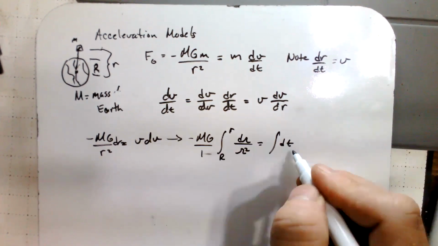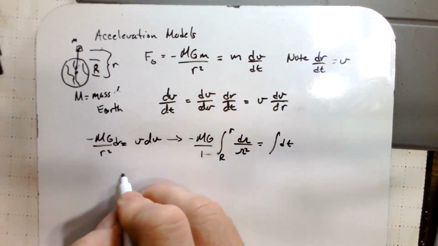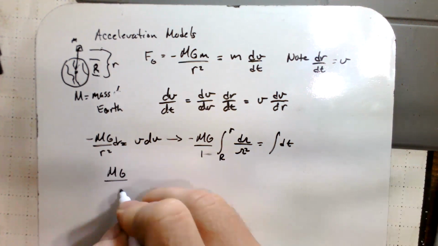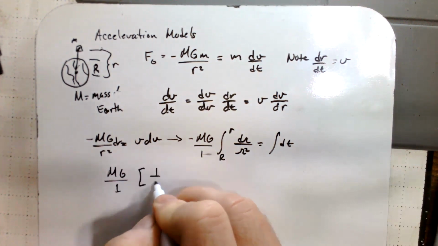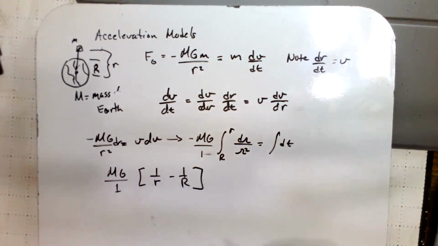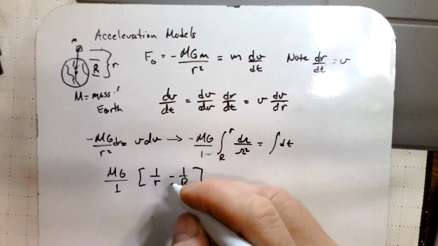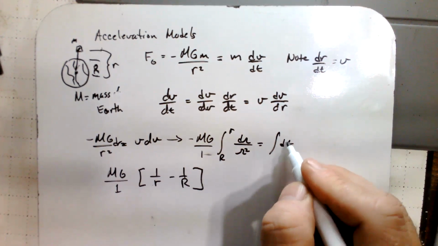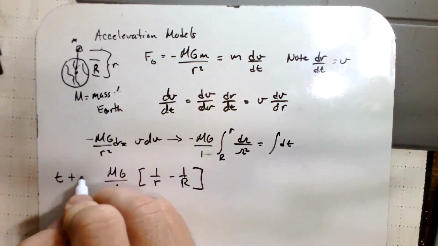Simplifying this, power rule and power rule, it is easy to see that this becomes GM times 1 over r minus 1 over capital R, where capital R is the radius of the Earth. I'm going to write the right-hand side over here on the left-hand side, since this integral is simply v squared over 2 plus c.